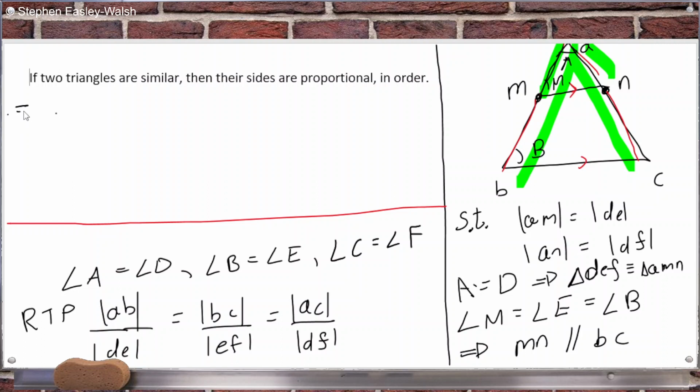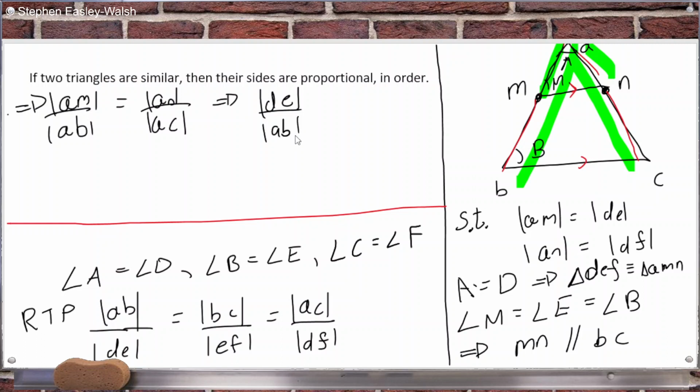So I should have started off by saying AM over AB is equal to AN over AC. Okay, that's good. Now AM was the same as DE, so DE over AB is equal to DF over AC.